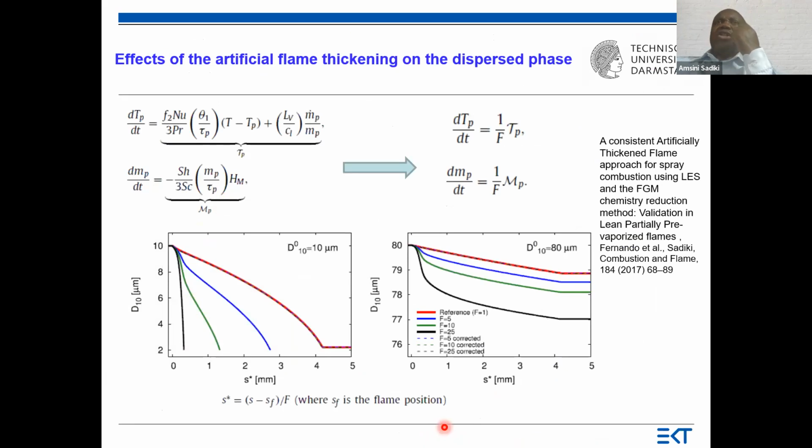in which we say that we have to account for the effect of the artificial flame thickening on the dispersed phase. We have normally this equation, but because we have thickened the flame, the particle has more space to travel within the flame, so the temperature of the particle and also the evaporation rate will be different.